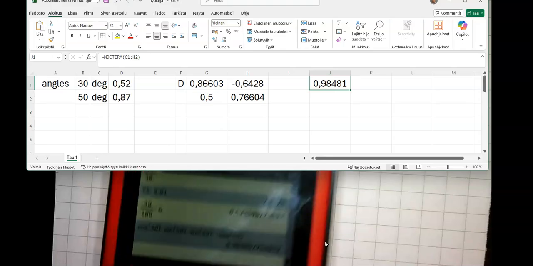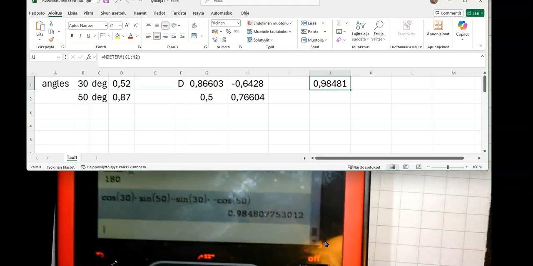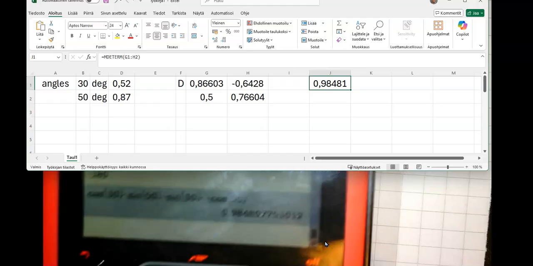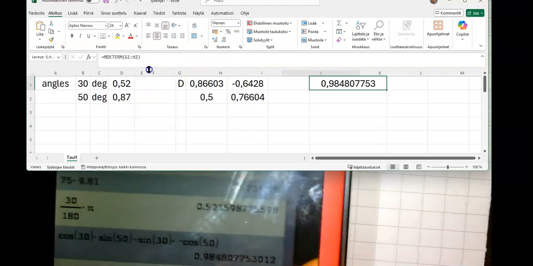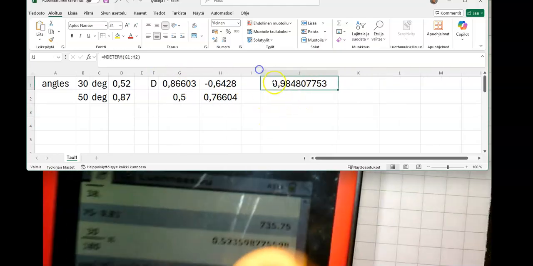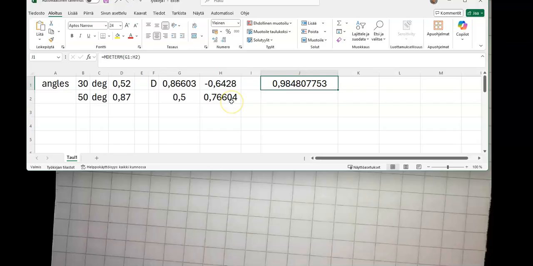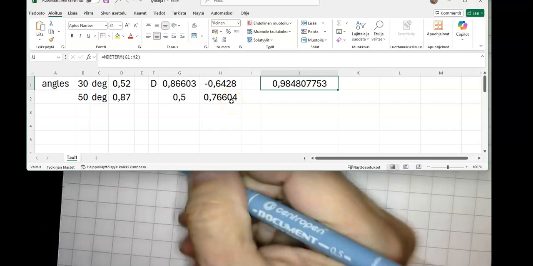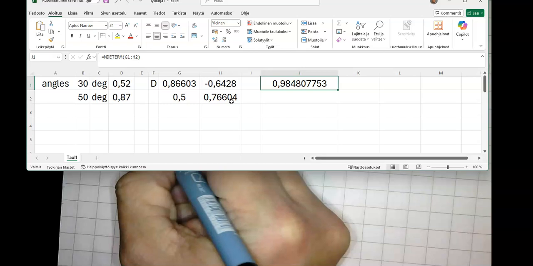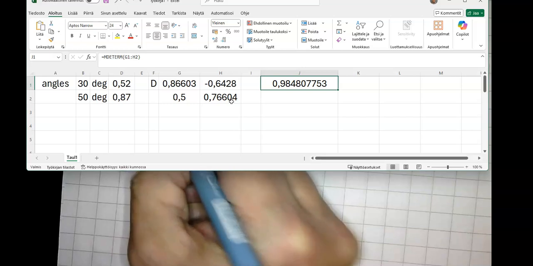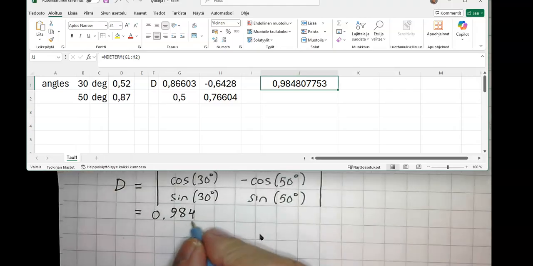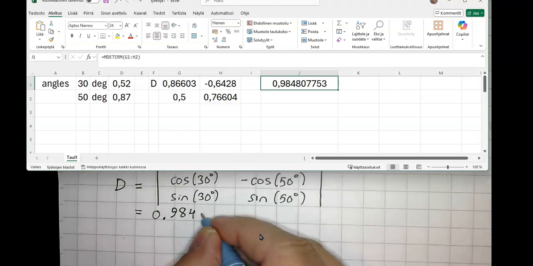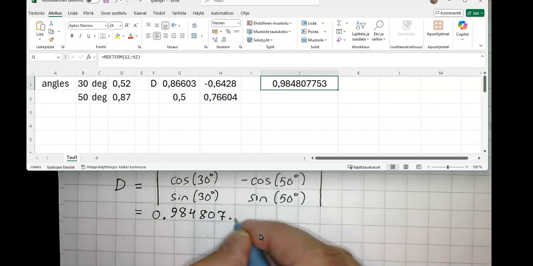And it gives us the same answer as this Excel. This has also more decimals here. So this is the value of this first determinant. I will write the answer here, 0.984807, etc.